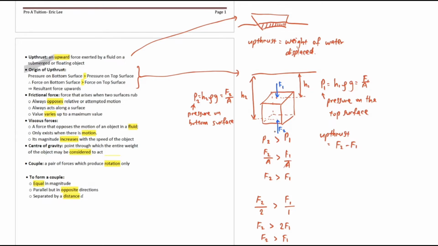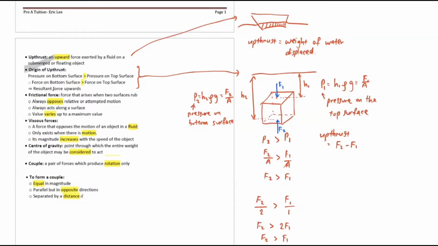But if it is at the bottom, the water presses up, pressing on the bottom surface. So follow the direction basically. Yeah, so that is the general idea. Okay. So there's the upthrust.